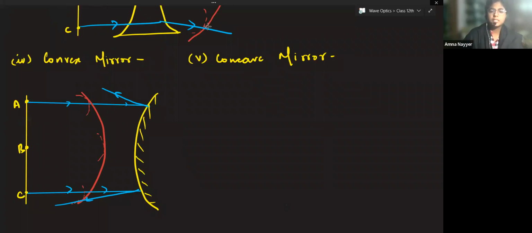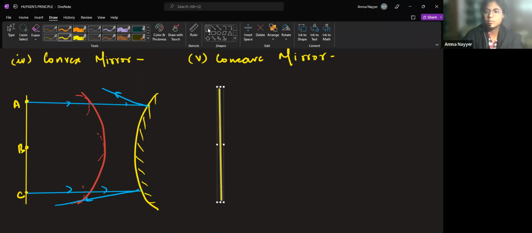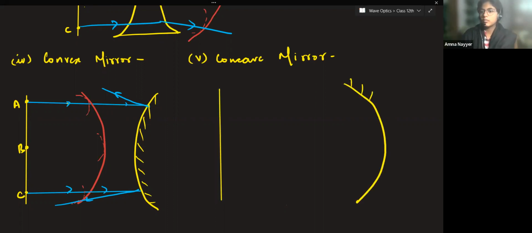See, if this is the incident wavefront and you have the mirror. Here you're having a concave mirror. So see, for this part, this will be a concave mirror with polishing on the bulged part. So concave mirror does what?